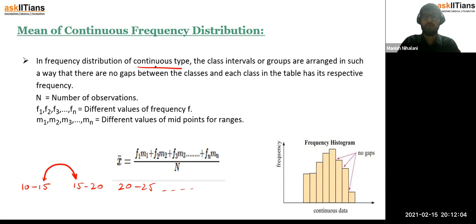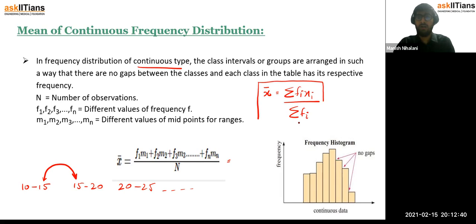So how do we determine the mean of frequency distributions which are continuous? We already know the formula for mean is the sum of all observations upon the number of observations. In grouped frequency, x bar was summation fi xi upon summation fi, which we saw in the last class.